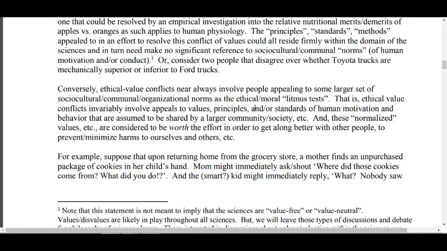So, in a sense, you can just say it's the measurement tool, the standard of measurement. How do we decide? Litmus test is just a standard metaphor for some sort of metric. Well, the metric that's used to make sense of and hopefully resolve ethical conflicts tends to be appeals to norms.